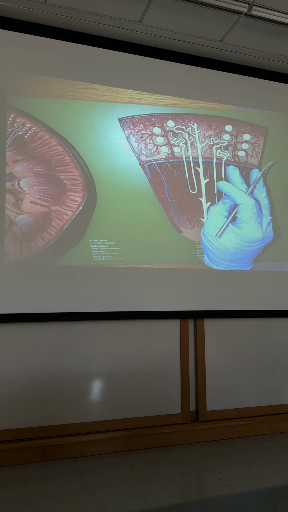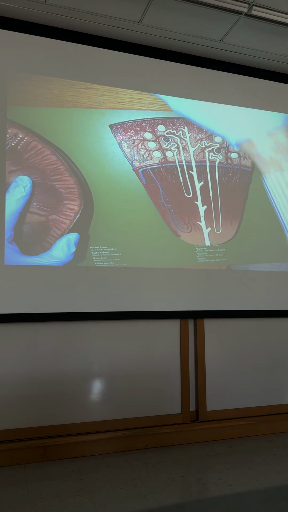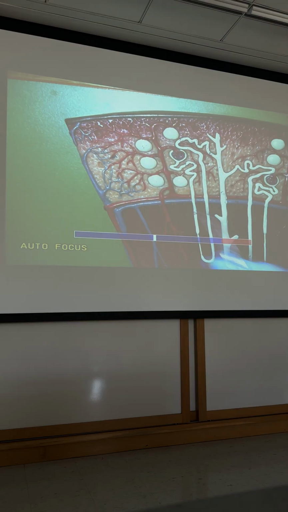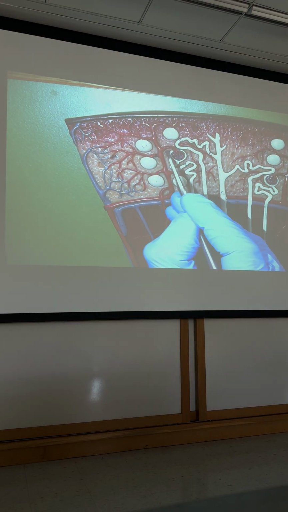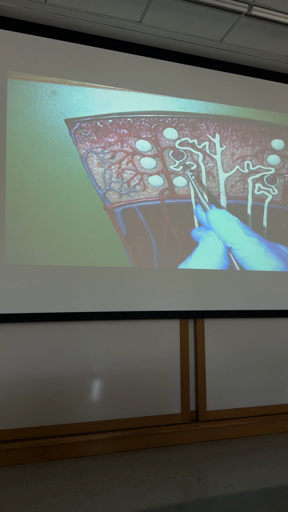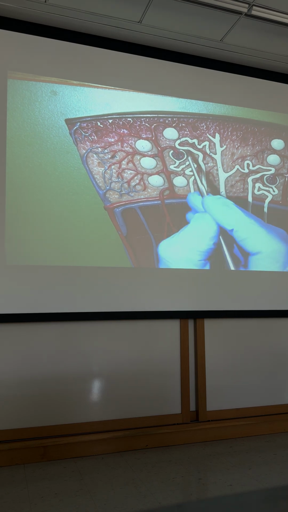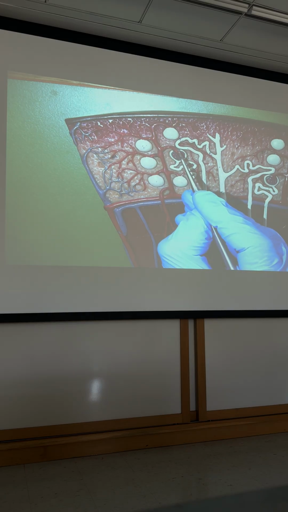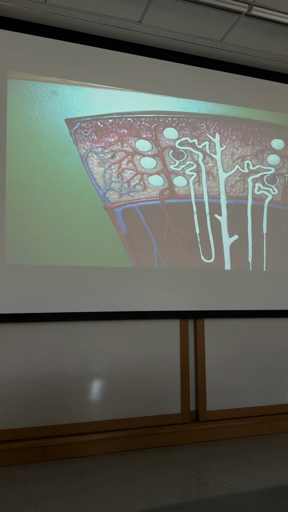All right, so when you look at the nephron, there's the two parts. There's the renal corpuscle, and then there's all the tubules. So let me take this one, for example. So this would be the renal corpuscle part, and then everything else is going to be the tubule part. When you look at the renal corpuscle part, there's two parts to it. There's the blood vessels on the inside, which are called the glomerular capillaries, or you can just call them the glomerulus. Either name's fine.